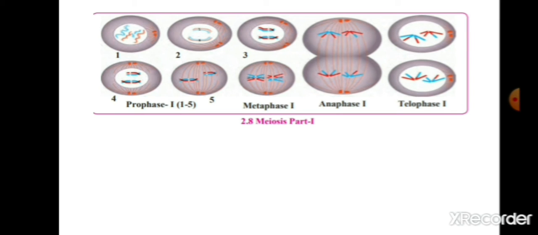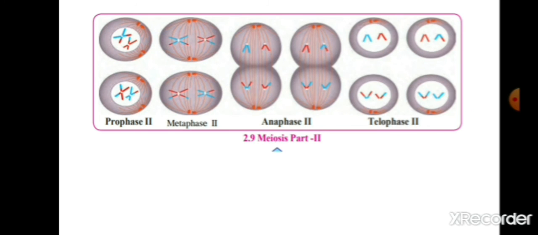They are leptotene, zygotene, pachytene, diplotene, and diakinesis. During pachytene, crossing over takes place. Now, meiosis part 2. Meiosis 2 is similar to the mitotic division. The two haploid cells that are produced in meiosis 1 now undergo further division, forming four haploid cells.